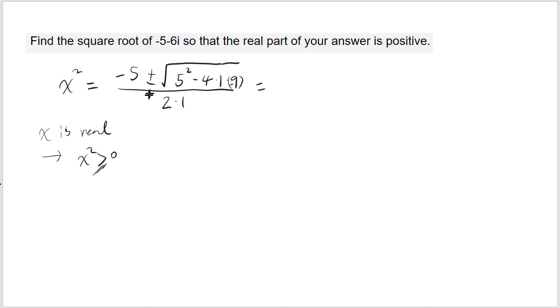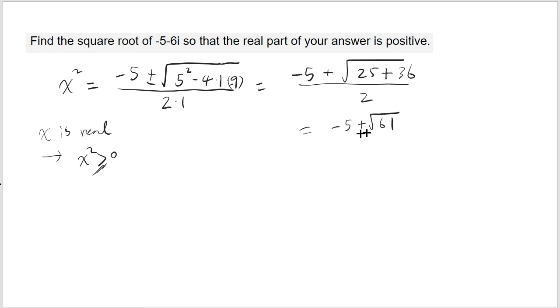So we're only going to take the positive one, and that will be negative 5 plus the square root of 25, negative negative becomes positive, so it will be 4 times 9, which is 36, over 2, which is negative 5 plus square root of 61 over 2. That's your x squared. So x must be plus or minus the square root of this thing.